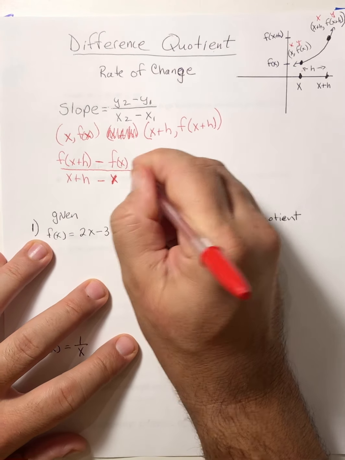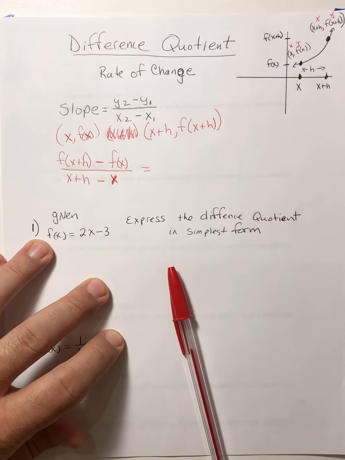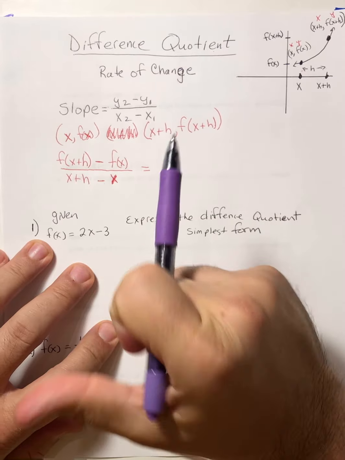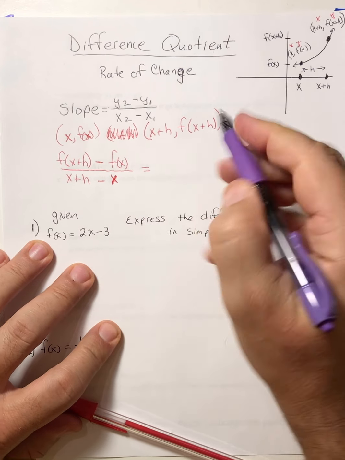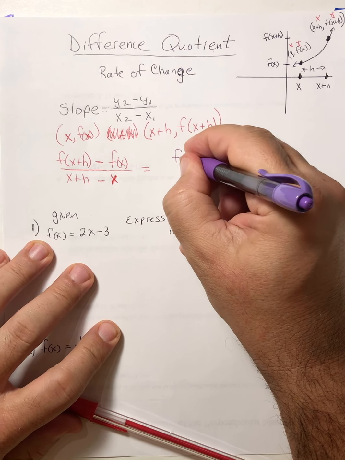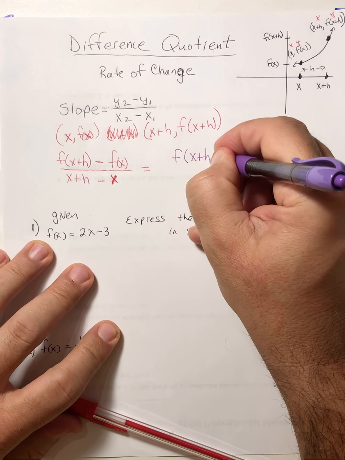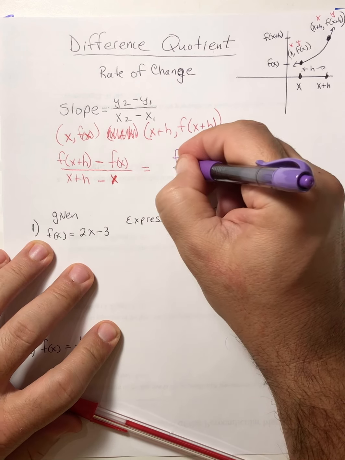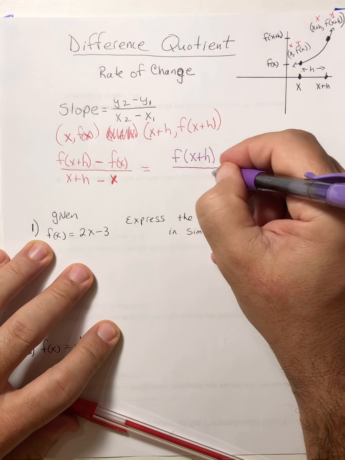And now I just have to clean up the mess. What happens with these x's? That's right, they cancel out. So I have f of x plus h minus f of x all over h.